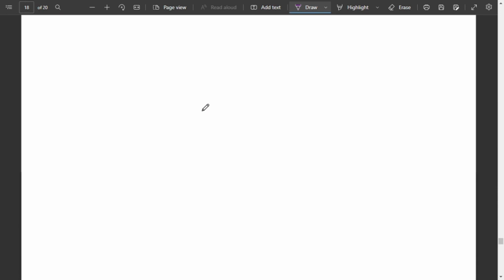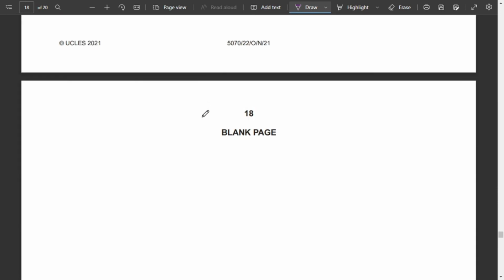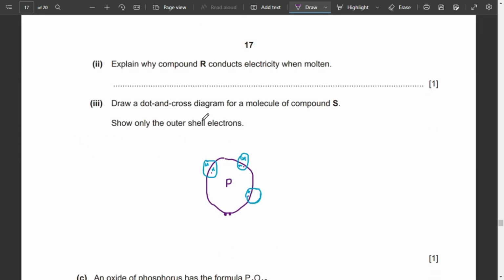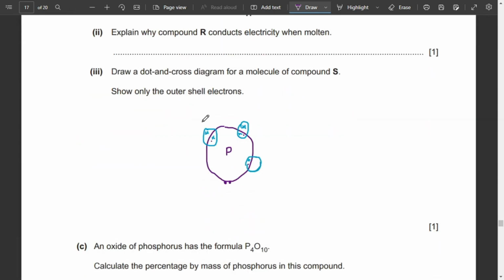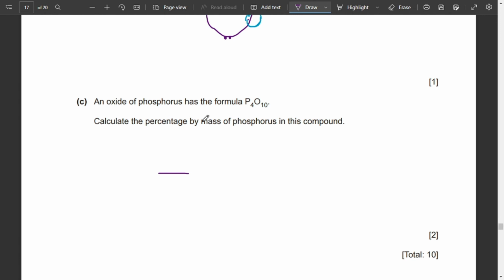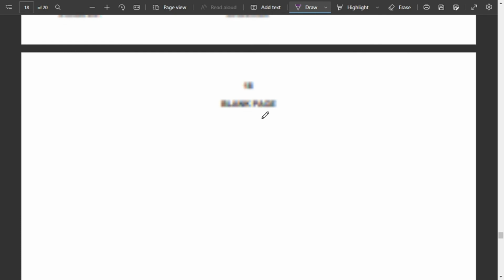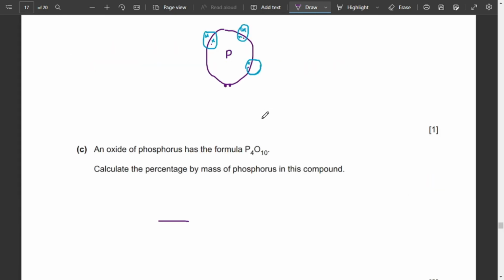So here we can see we have P4O10. That means it is around 200, and I just told you how to calculate it. I've told it to you in many previous videos, so it is going to be 31 multiplied by 4, and oxygen is 16, so 16 multiplied by 10.